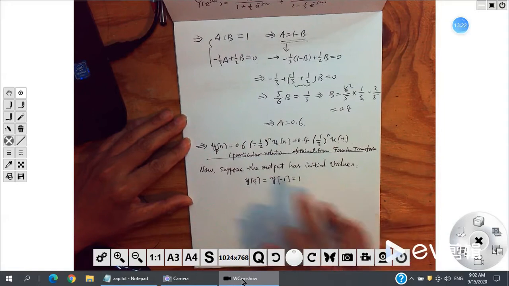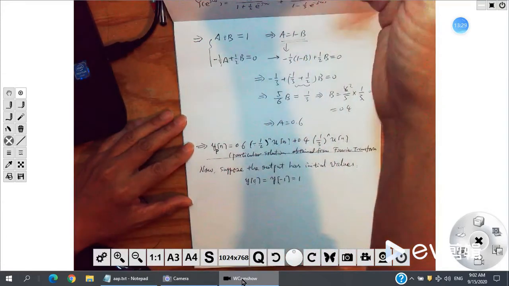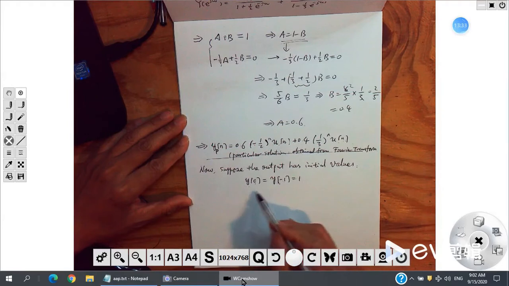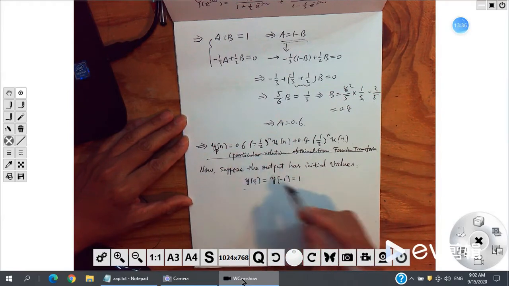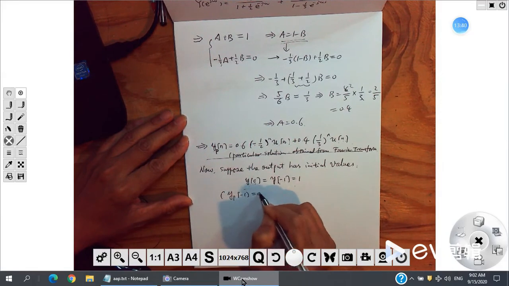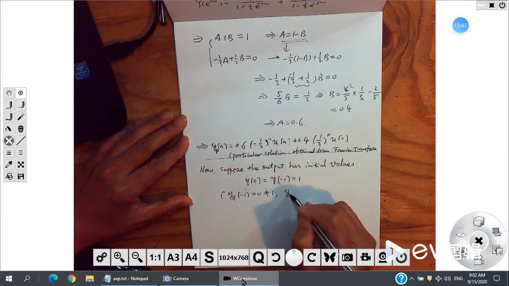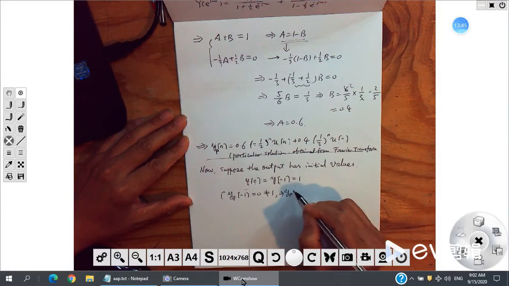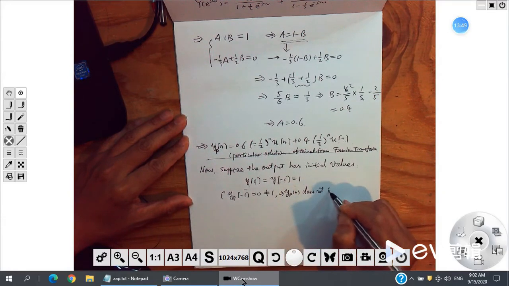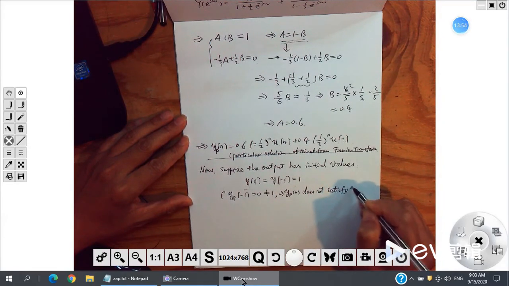This is just one solution. When you do it, you didn't consider anything related to the initial value, right? And for this initial value, we know it doesn't satisfy. yp of -1 is 0, not equal to 1. So yp of n does not satisfy the initial condition.